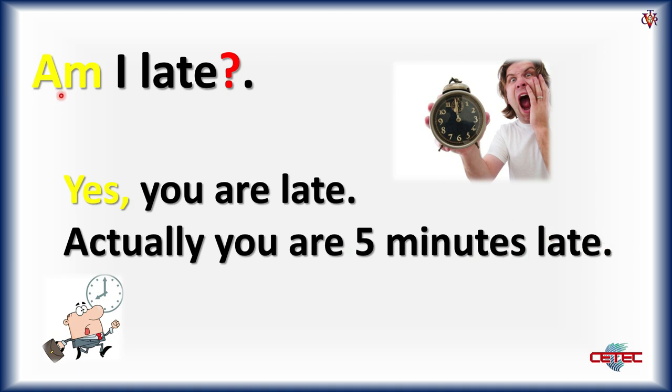Here, the verb to be first. Subject, complement, question mark. Yes. Subject, verb to be, and complement. Here, it's a clear example of how we can use questions and positive answers.